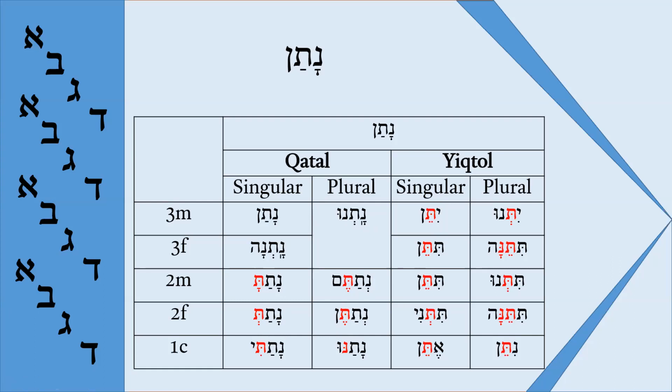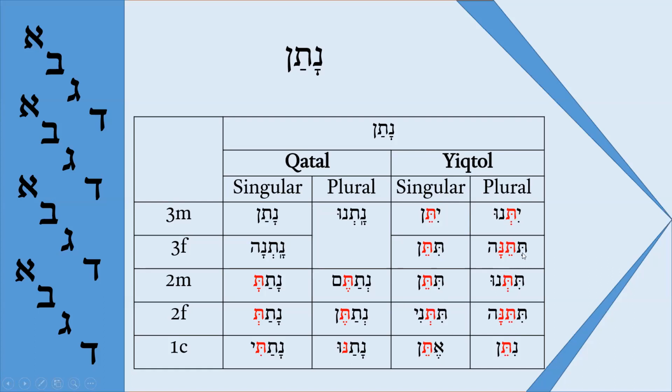But in Yiktol, not the last nun assimilates, but the first nun assimilates with the second consonant of the root. So Yitten, here we have dagesh forte, and this dagesh forte indicates that this is actually not one consonant, but two consonants here. Yinten it is supposed to be, but because nun and tav assimilate together, we have Yitten, Titten, Titten, Titten, Eten.